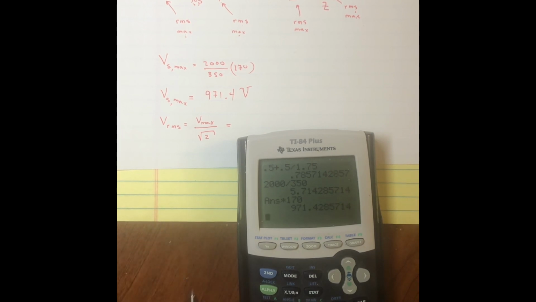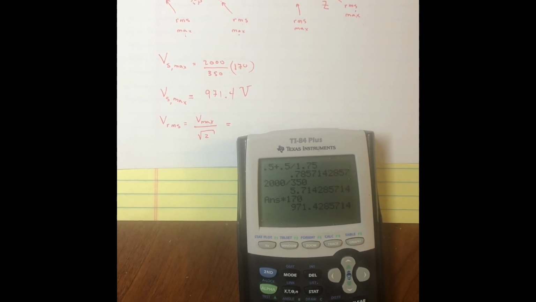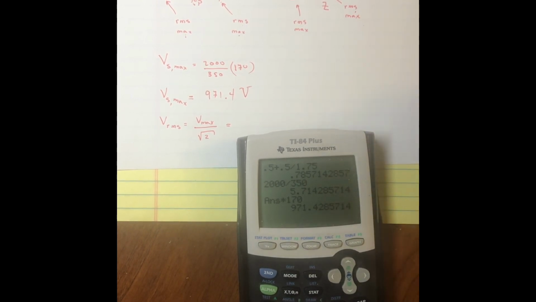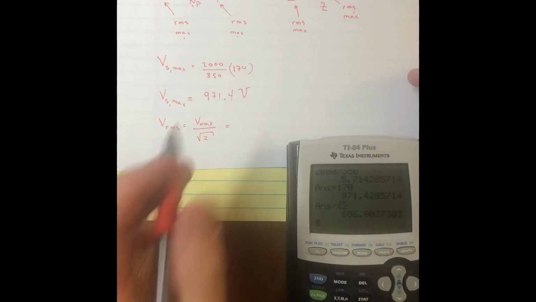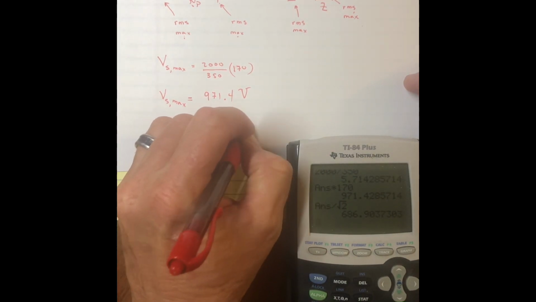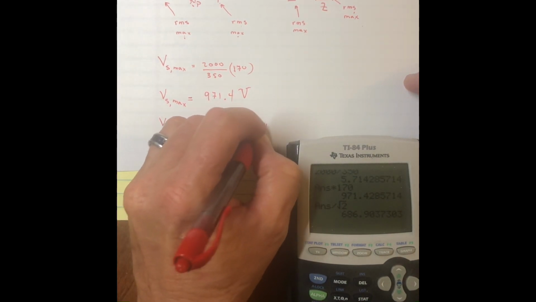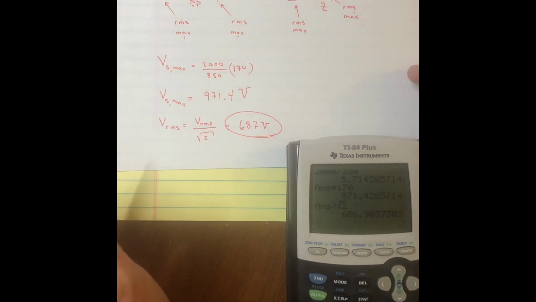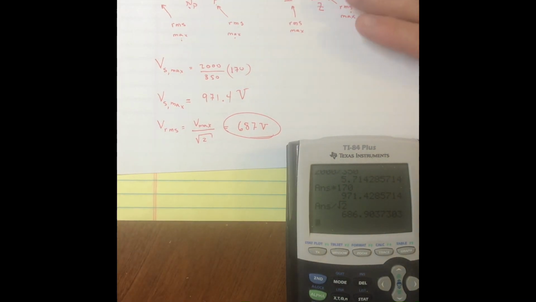And I guess they don't say it's sinusoidal exactly, but I think we can fairly assume and imply that it's sinusoidal here. Okay, so I will just take that value and divide it by the square root of 2 and come up with 600, and I'll call it 87 volts. Yay! All right.